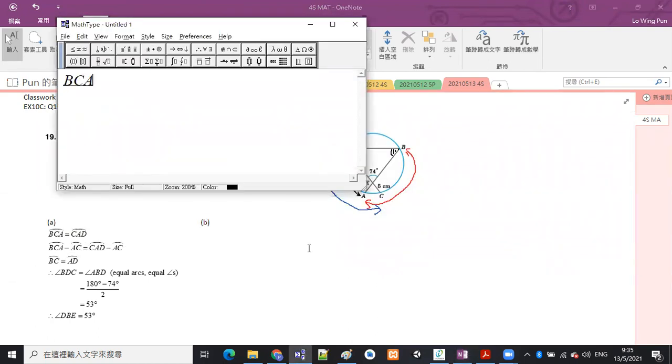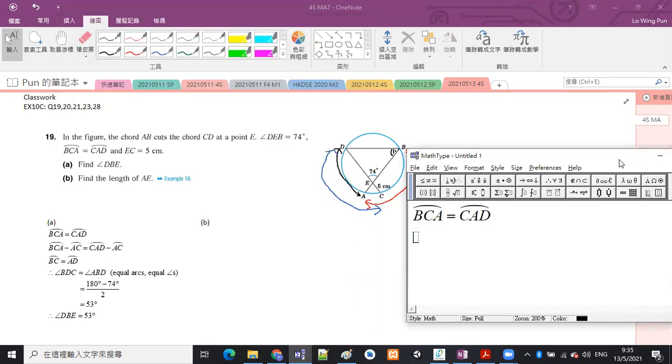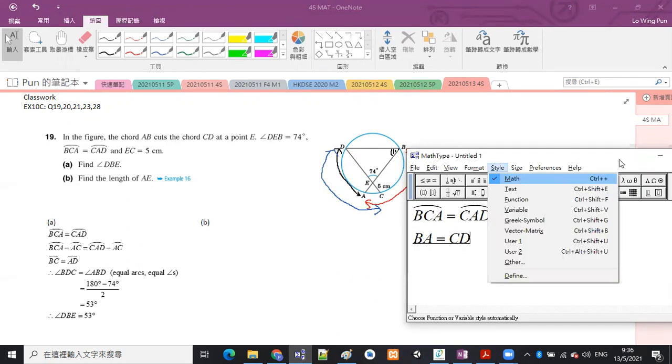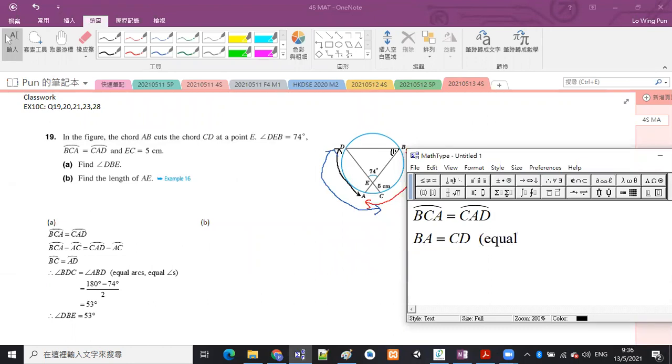Arc BCA is equal to arc CAD, the original equal arcs. Therefore, the corresponding chord of BCA should be BA, and the corresponding chord of arc CAD will be CD, right? Is that okay? This is equal arcs, equal chords.